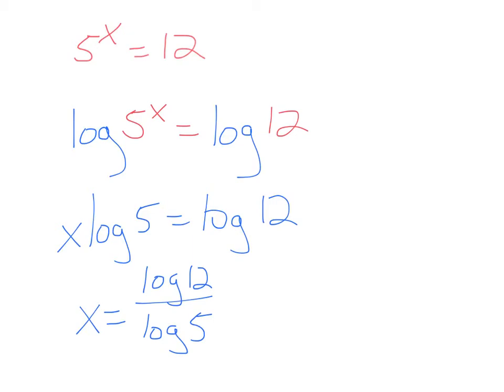Now you are going to have to use a calculator to figure this part out, but when you punch this in, you should get the approximate value of 1.5439. It all depends on where you want to round it.